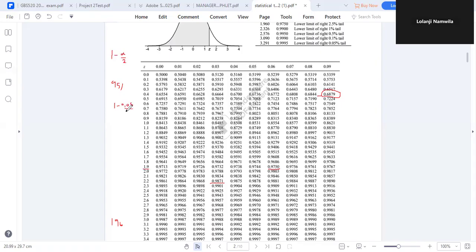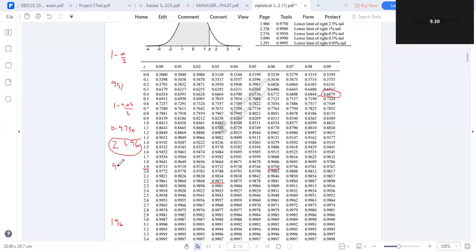What do we get? We get 0.975. So this is the probability that we have here. When you read it from inside the table, it will give us a Z of 1.96. So that is how we got those figures. I'm trying to simplify your process of recalculating because those are the most common ones.